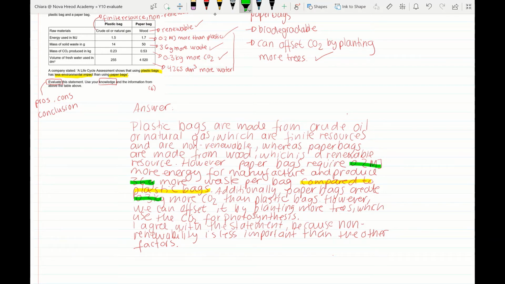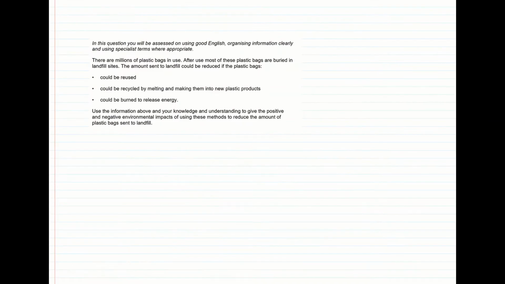And we've backed it up with our data, which I've highlighted here in green. And with each statement, we said how they both compare to each other. And then, very important, at the very end, you have to give a conclusion. Do you agree? Do you disagree with the statement from this question? Okay, so always refer back to the question.